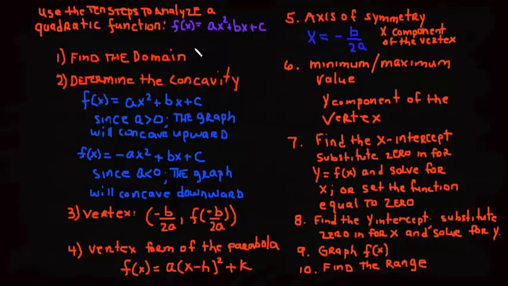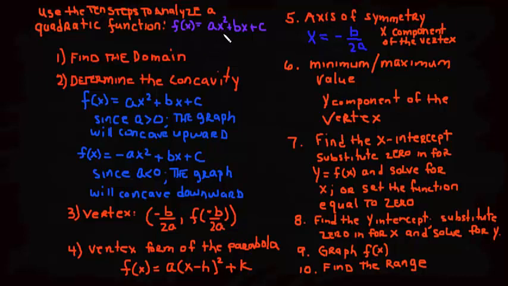Now, the quadratic function is a type of polynomial function that has a degree of 2. What makes it quadratic is that it has a parabolic shape because of the degree of 2, x squared in this case.